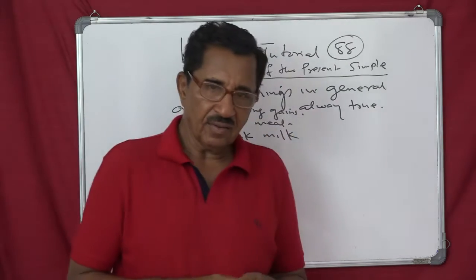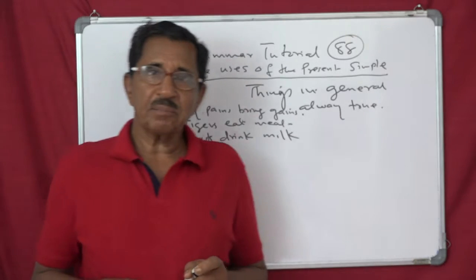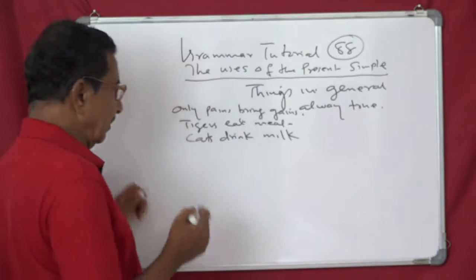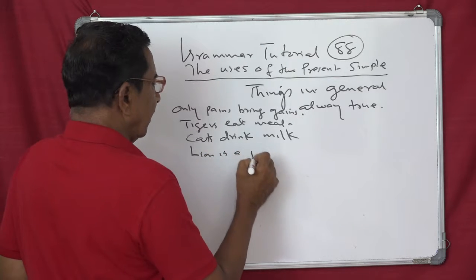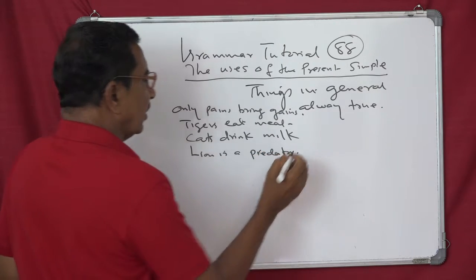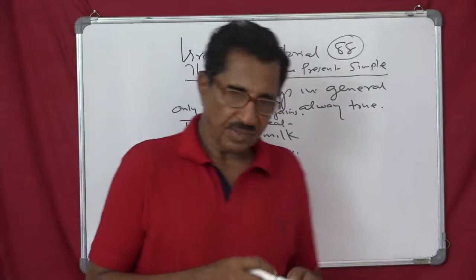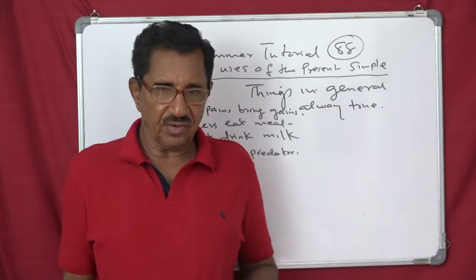So these are general facts we can say. No? Lion is a predator. Lion is a predator, simple present. Predator means one who attacks his victims. Understand? For eating, so to say. For the sake of food, we can say.